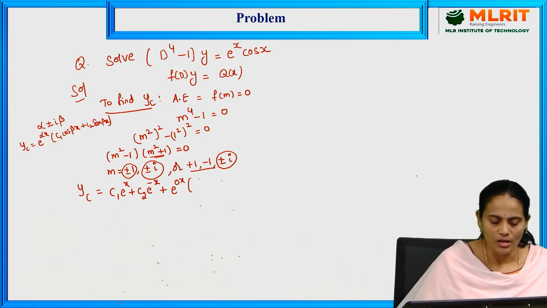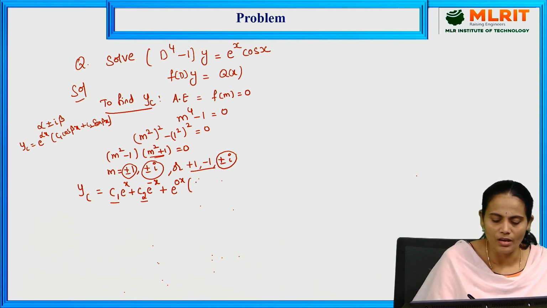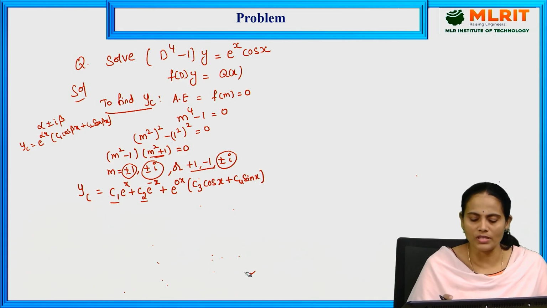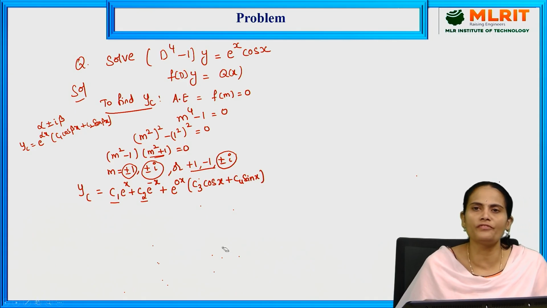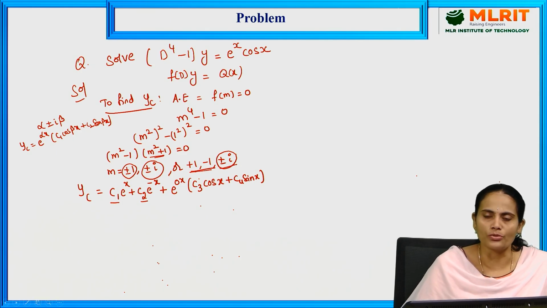Already we have taken two constants c1 and c2, so now we take c3 and c4. Here the beta value is 1, so c3 cos x plus c4 sin x. This is the complementary function for the real roots and the complex roots. Now to find the Yp.